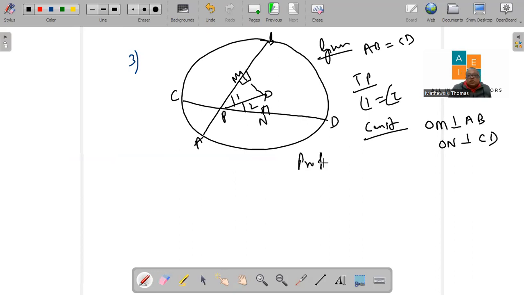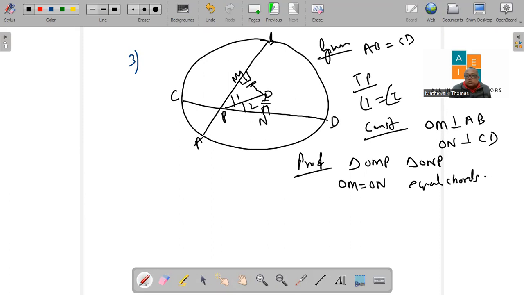Proof: I am going to take triangles OMP and ONP and prove them congruent. How will I prove them congruent? It is given to me that AB and CD are equal. If chords are equal, the distances from the center are equal.